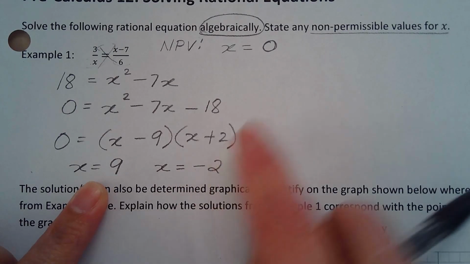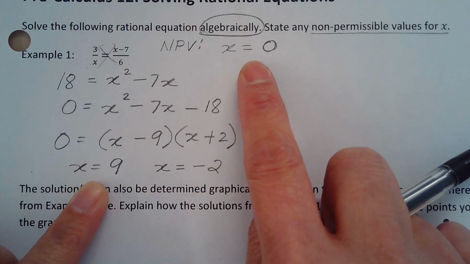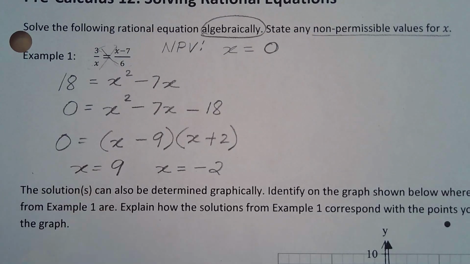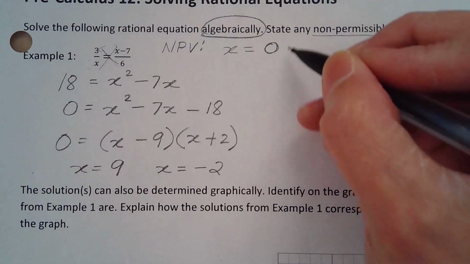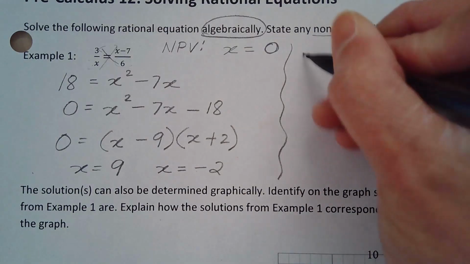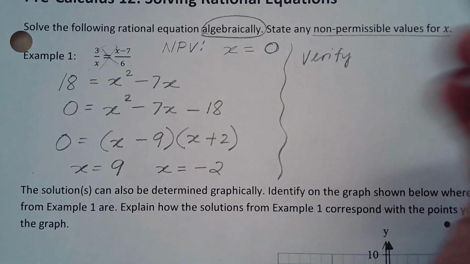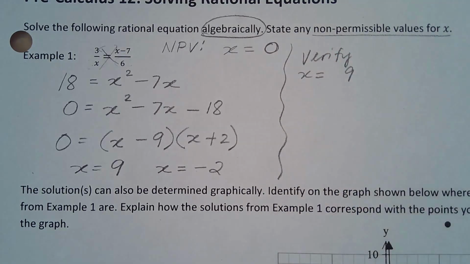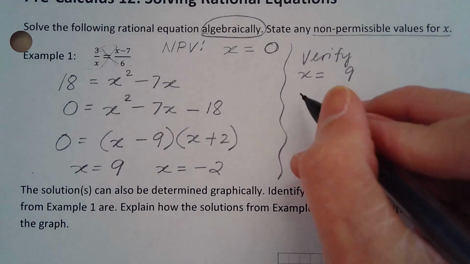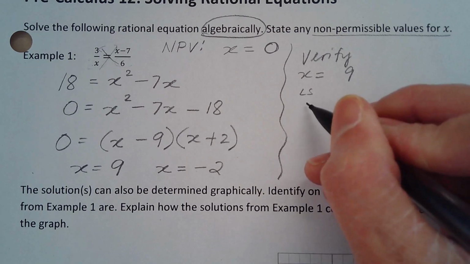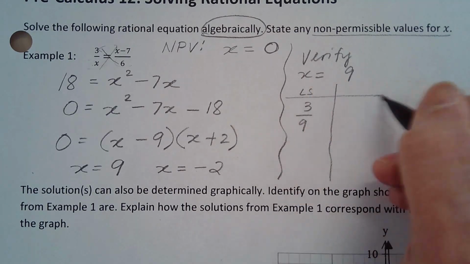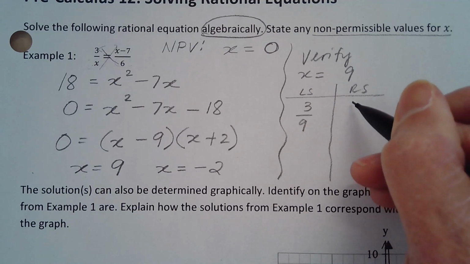We're going to be verifying for x equals 9. If x equals 9, the left side is going to be 3 over 9, and the right side would be (9 minus 7) over 6. Simplifying, the left side is 1/3, and the right side gives us 2 over 6, which is also 1/3.